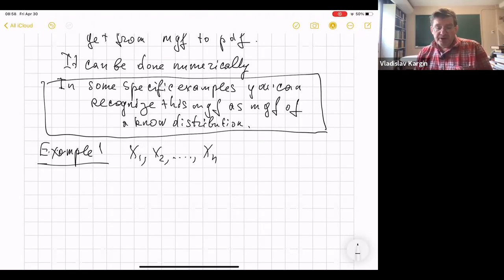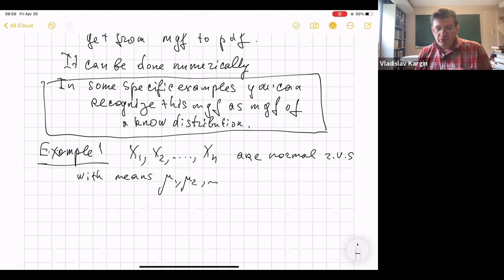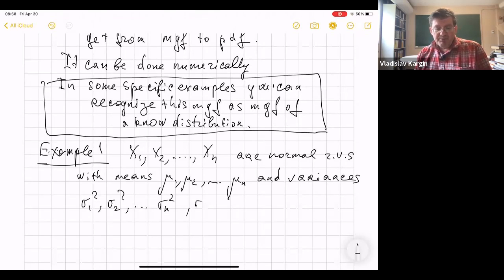Here we assume that X1, X2, ..., Xn are normal random variables with means mu1, mu2, ..., mu_n and variances sigma1 squared, sigma2 squared, ..., sigma n squared, respectively.